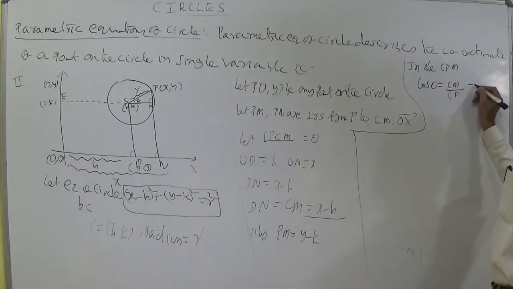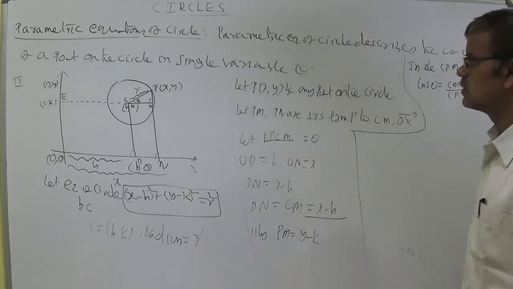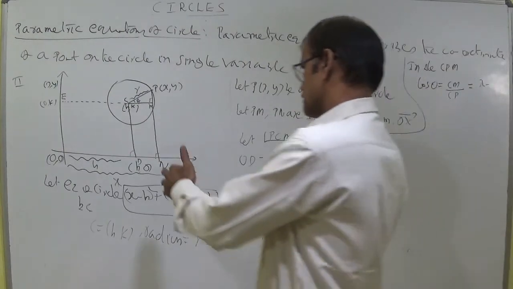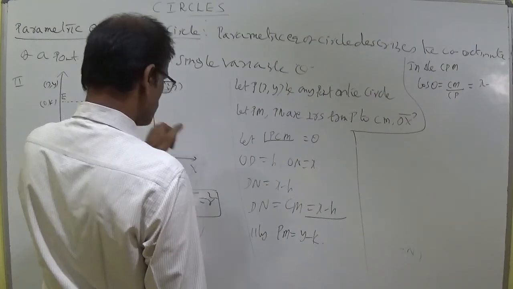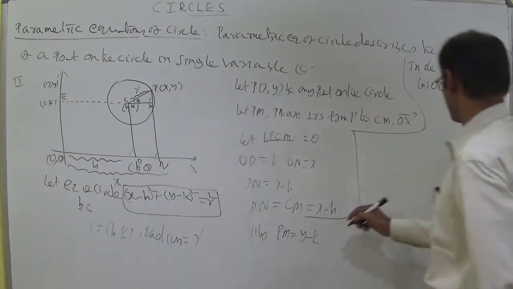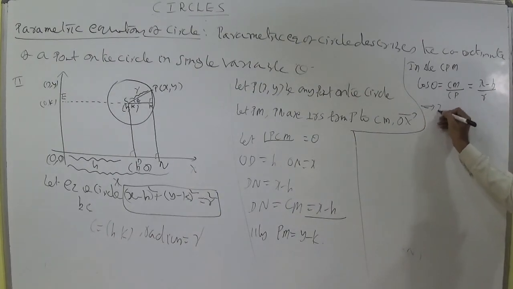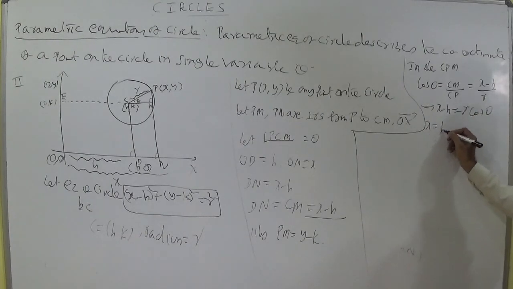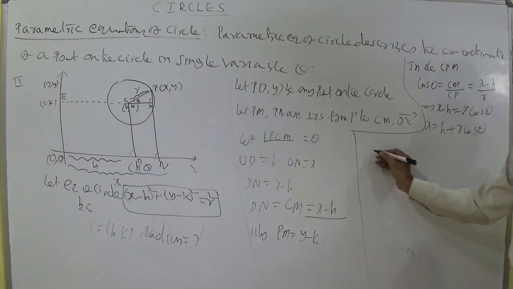CM by CP. CM is x minus h, by r. That implies x minus h is equal to r cos theta. So you can say x is equal to h plus r cos theta.